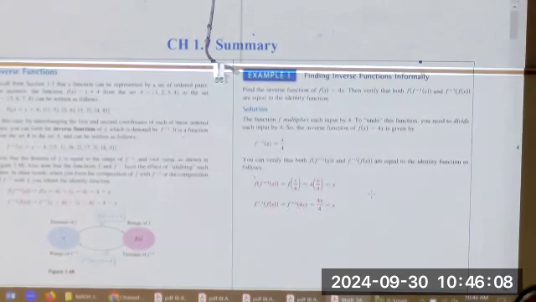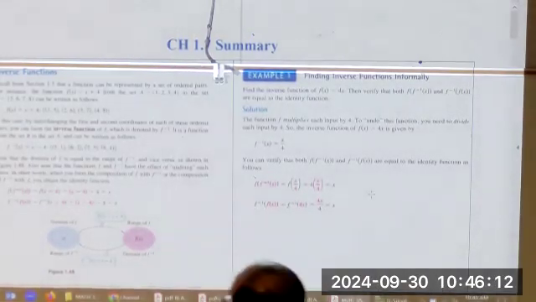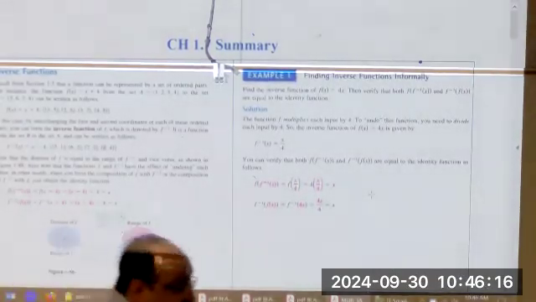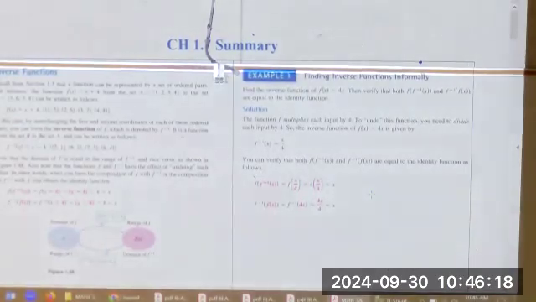Not every function has an inverse to it. First of all, the inverse functions are this simple. All you do is switch the ordered pairs. You switch the domain and range. You switch the x and y.